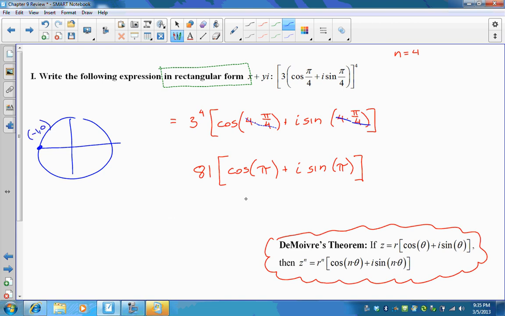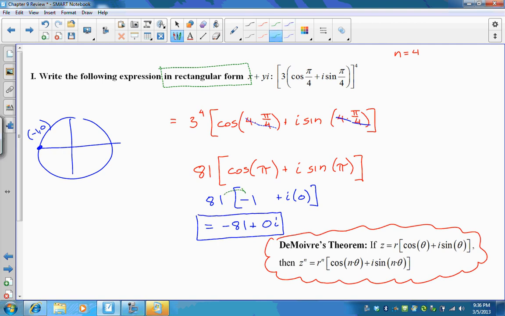The cosine of pi is -1 plus I times the sine of pi, which is 0. Then we'll simply distribute the 81 through that. So 81 times -1 plus 81 times 0i, which is still 0i. And that would be your answer. You don't necessarily have to put the 0i, but I put it there just to remind myself that we are dealing with complex numbers. So there is DeMoivre's theorem.